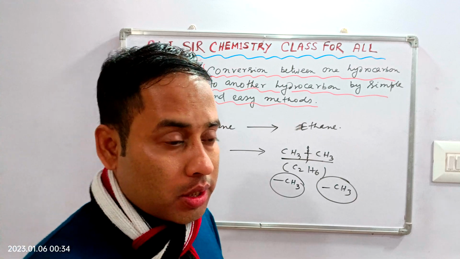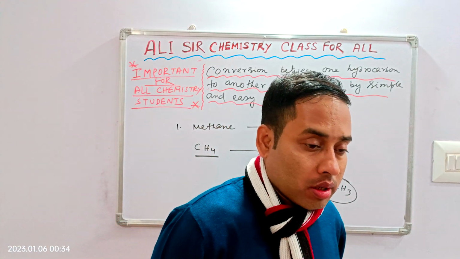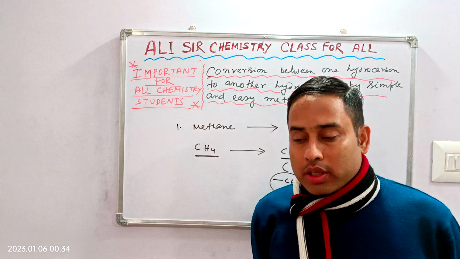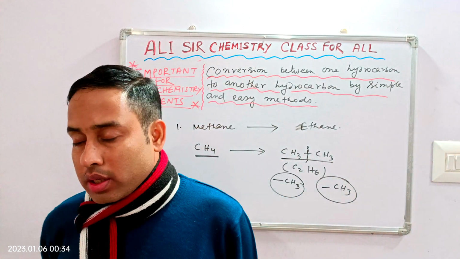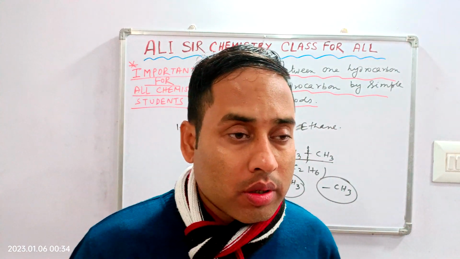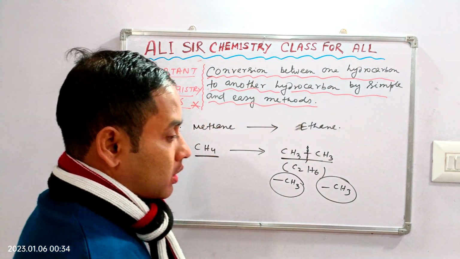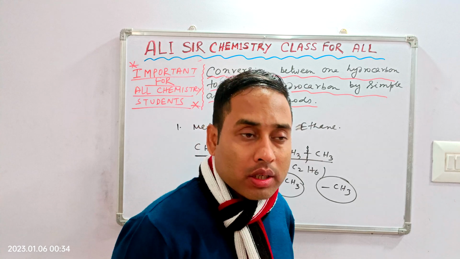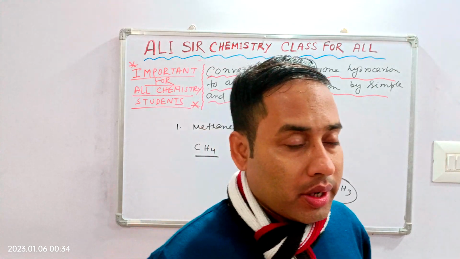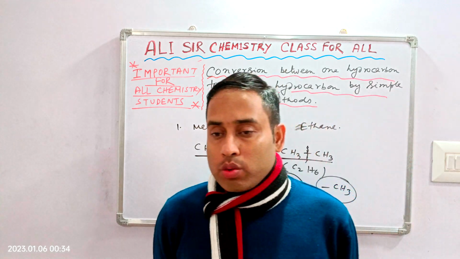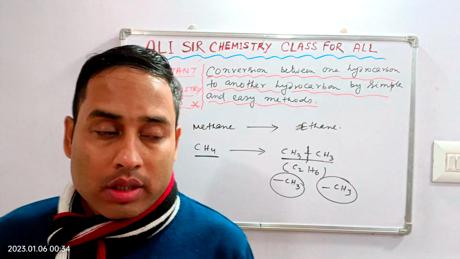Whenever you see a symmetrical alkane, instantly think that we have to use the Wurtz reaction. The Wurtz reaction, as you all know, prepares a symmetrical alkane by using the corresponding alkyl halide.